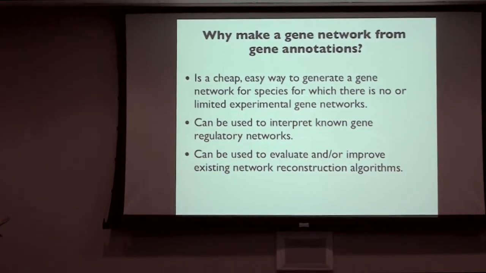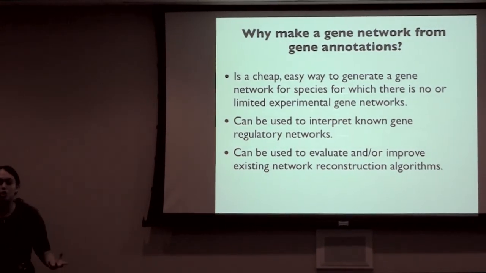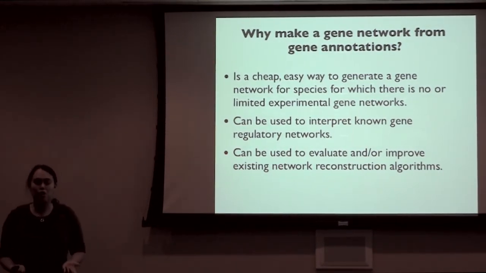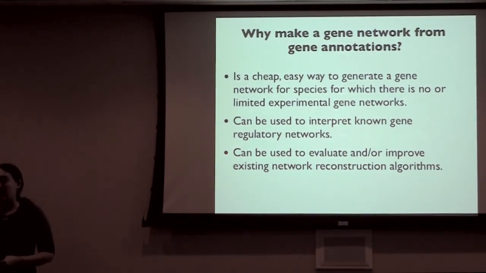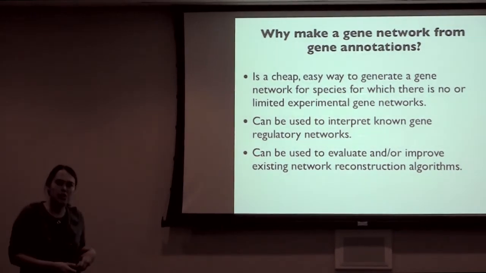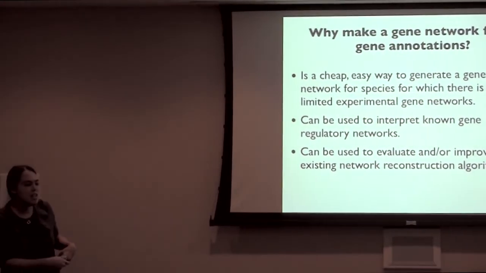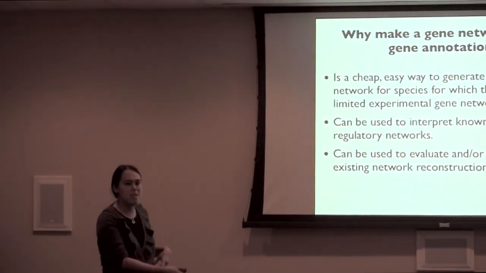And the experimental gene networks I'm interested in are gene regulatory networks. In order to derive an experimental gene regulatory network, it takes a lot of different experiments, and you want to run a lot of high throughput experiments together. A gene regulatory network, I should say, tells you if gene A regulates the production of gene B's protein.